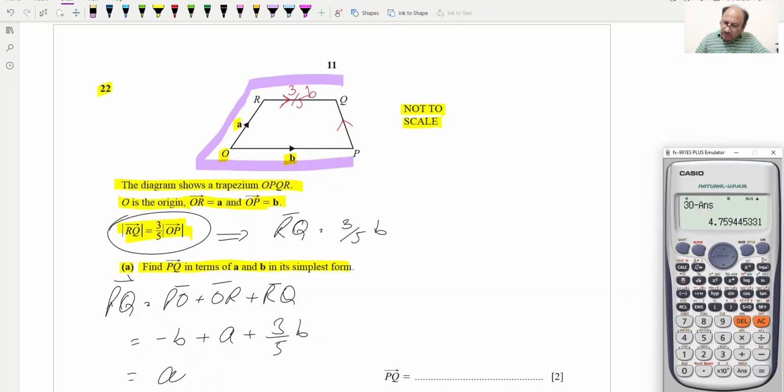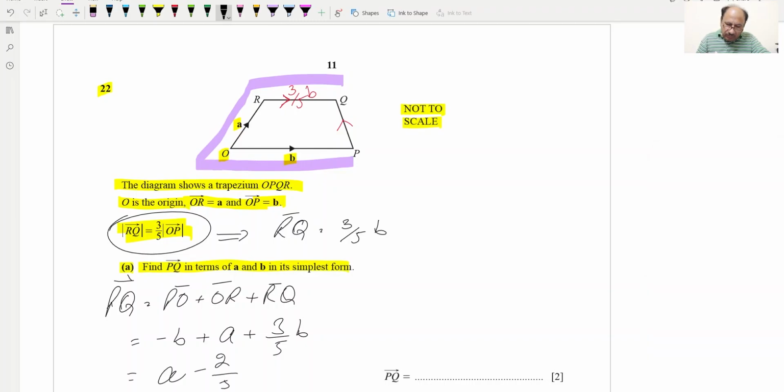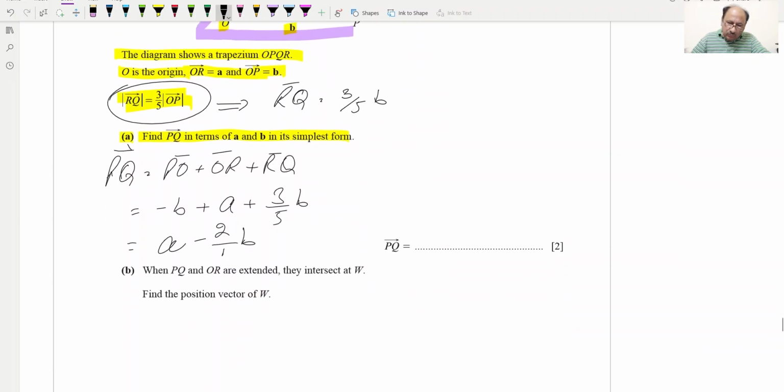So it is minus 1 plus 3 by 5. So minus 1 plus 3 over 5 will be equal to minus 2 over 5, minus 2 over 5B. So our answer PQ we can provide is A minus 2 by 5B. This is 2 marks question.